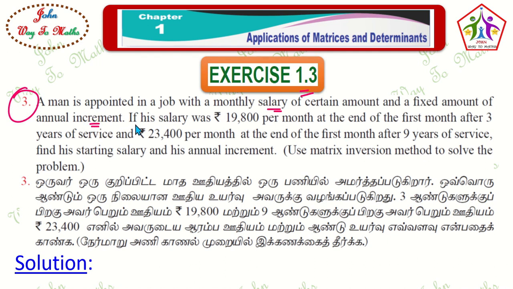If his salary was rupees 19,800 per month at the end of the first month after 3 years of service and rupees 23,400 per month at the end of the first month after 9 years of service, then find his starting salary and his annual increment.